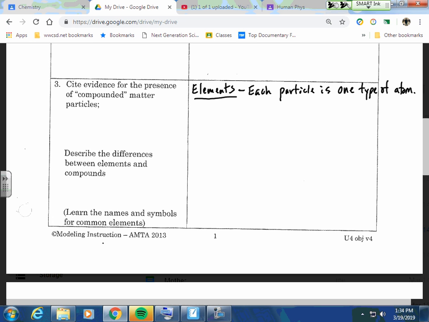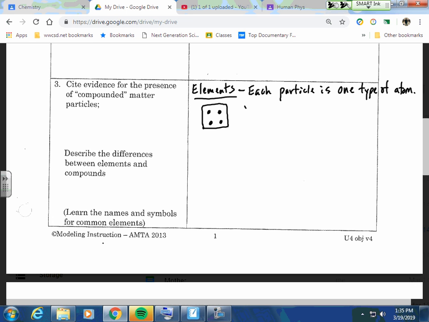Now we're looking at the individual particles and asking whether all the atoms are the same or not. So in an element, we could see something like this, where they're just dots. I've got 4 pieces there. I'm just going to look at the individual pieces. One of those pieces is just one dot. That means that there's only one type of atom.